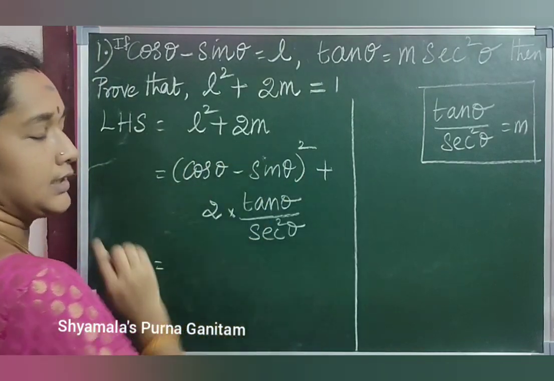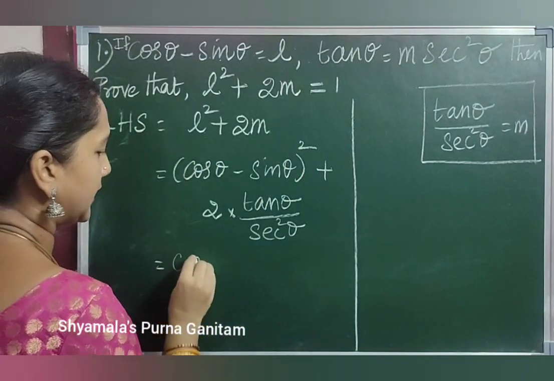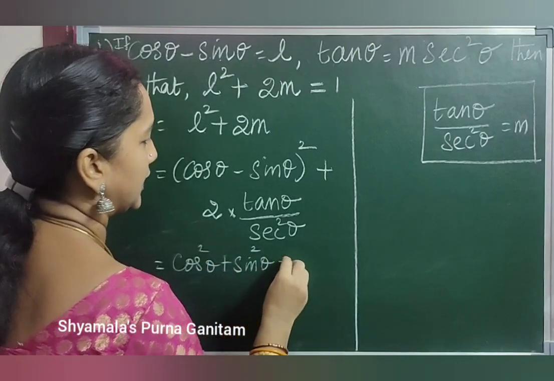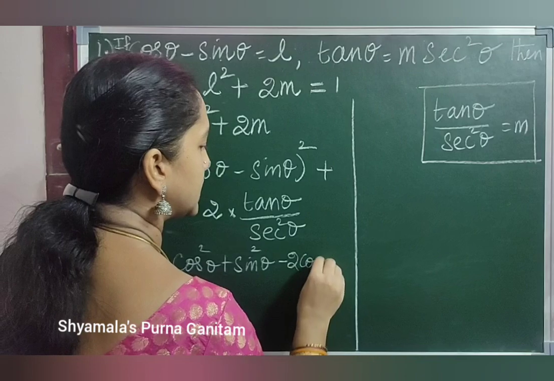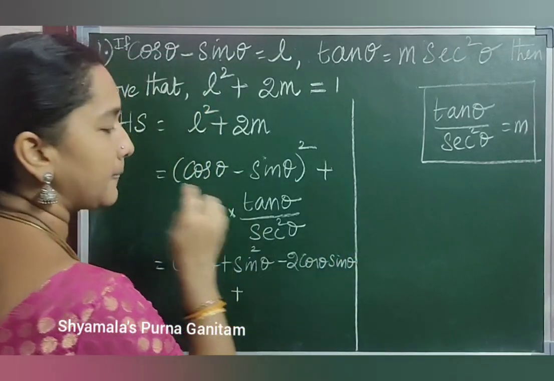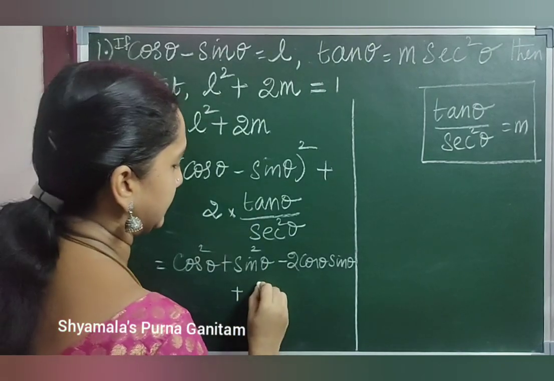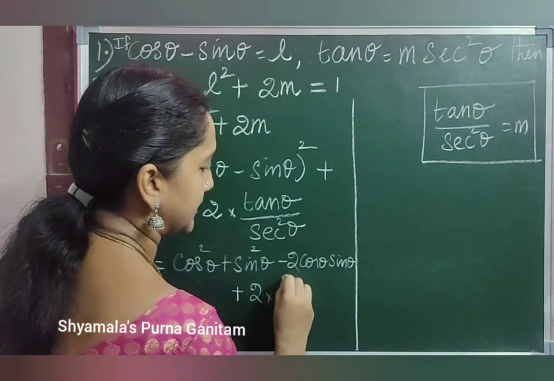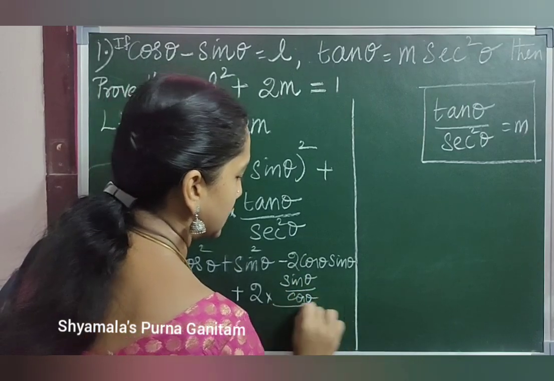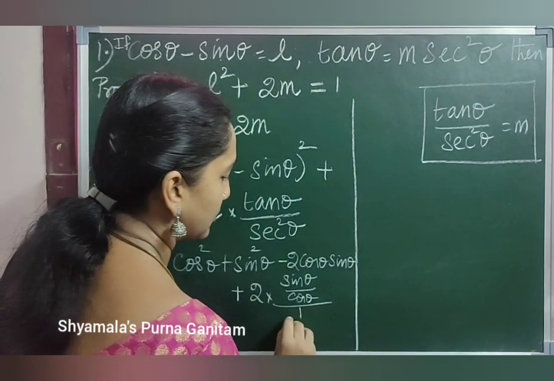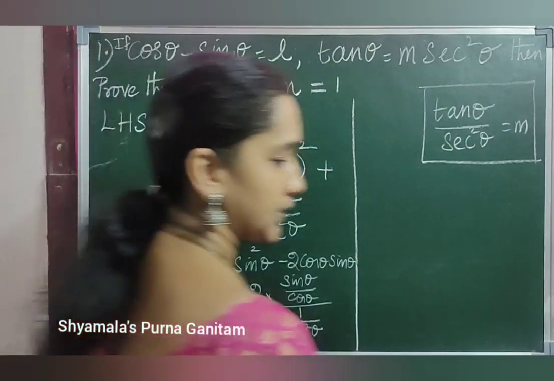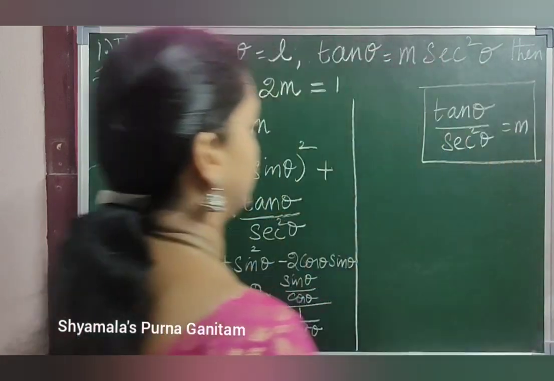Now, as usual, cos squared theta plus sin squared theta minus 2 cos theta sin theta plus, in this one, tan theta, I can write it as sin theta by cos theta. Then secant squared theta is 1 by cos squared theta. So that I will simplify.